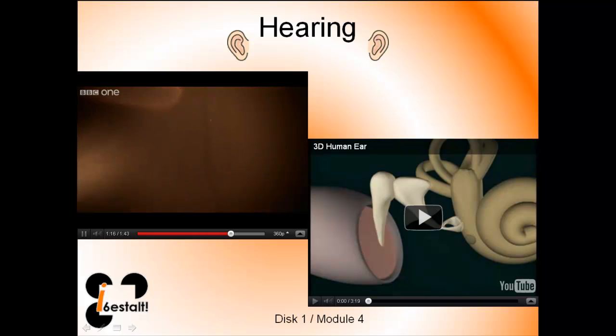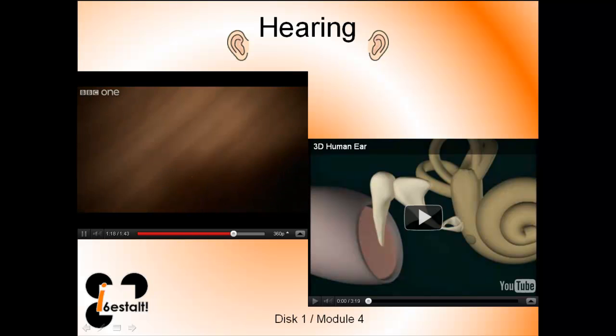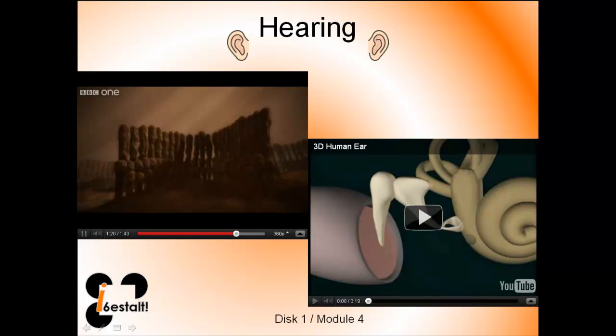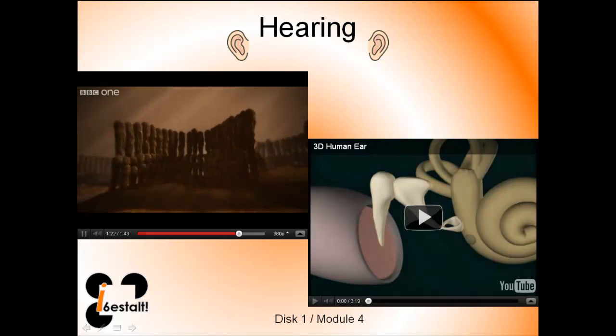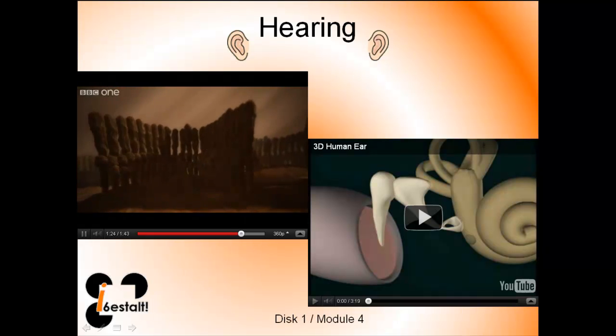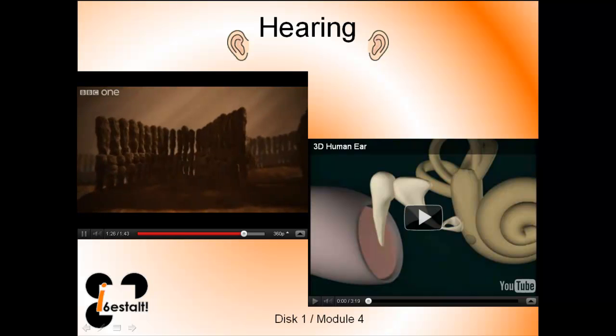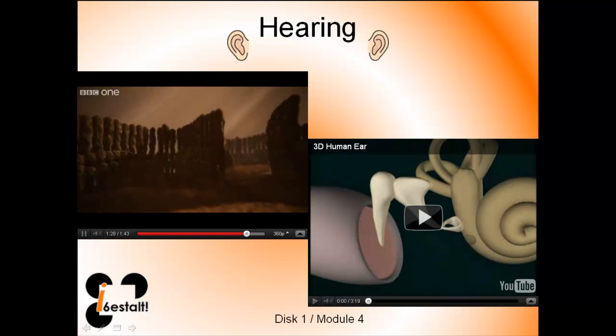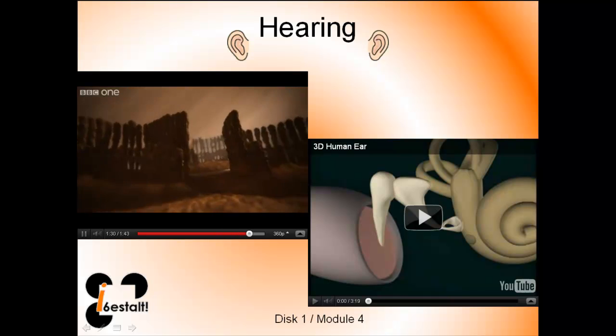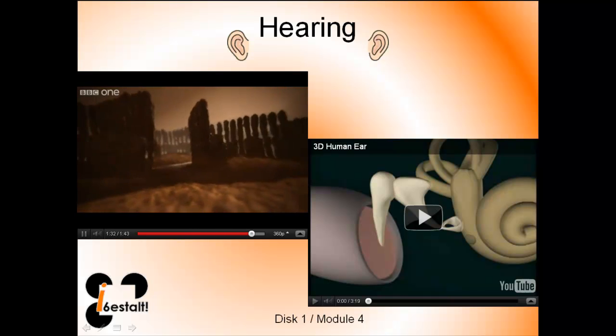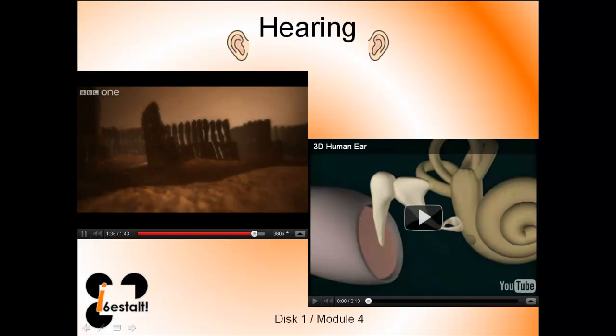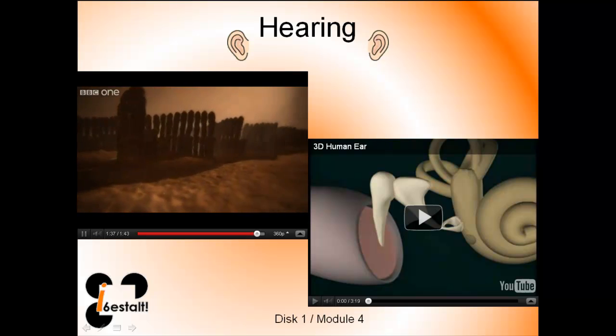The incoming sound waves tickle clumps of tiny, hair-like sensors on the floor. These begin to dance to the sounds of the world outside. You have 30,000 sensors. Each picks out a different part of the sound and sends it straight to your brain.